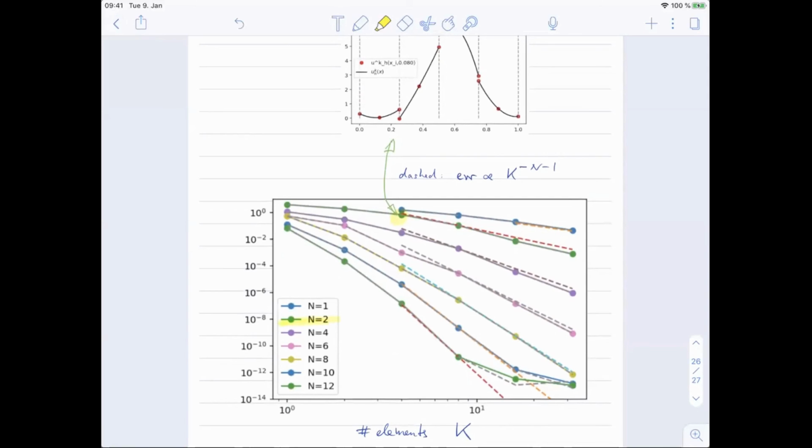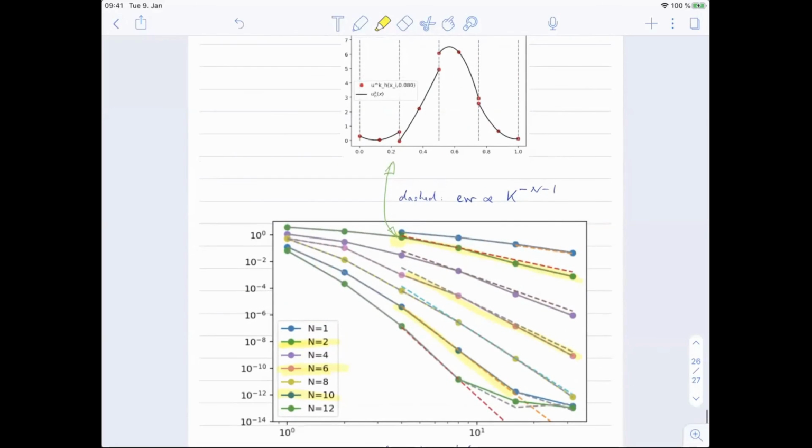If I only have expansion order 2, I get fairly modest convergence, that is third order in the number of elements. Not too exciting. But as I increase the expansion order in each element, I can make the convergence faster and faster, and then fairly quickly reach the round-off limit of my laptop.